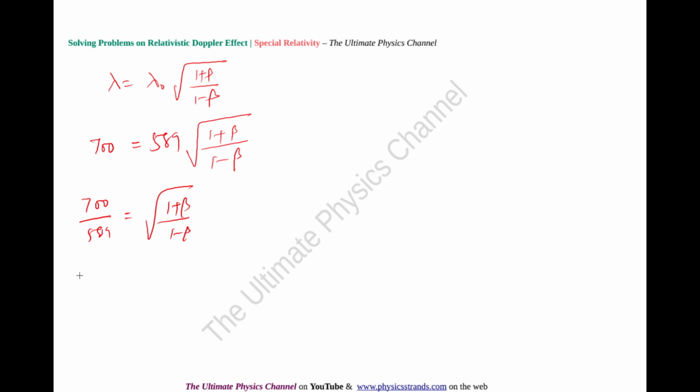I can directly write 700 over 589 is equal to the square root of (1 plus beta) over (1 minus beta), where my beta is u over c, or v over c, whatever it is. Here we have taken v, right? V is equal to 80, so it is 80 over c over 1 minus 80 over c.